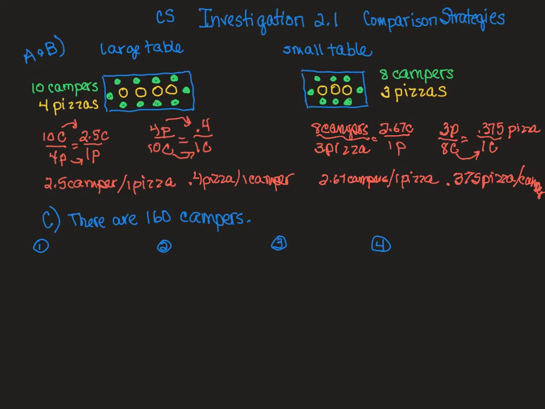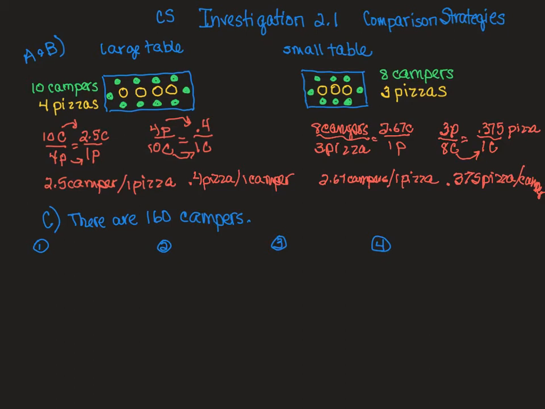In the small table, less than 4/10 of a pizza, because 0.375 is less than 0.4. So in both ratios, I can see that at the large table they're getting just a little bit more pizza. Okay, but it's pretty close, but the large table is definitely getting more pizza.